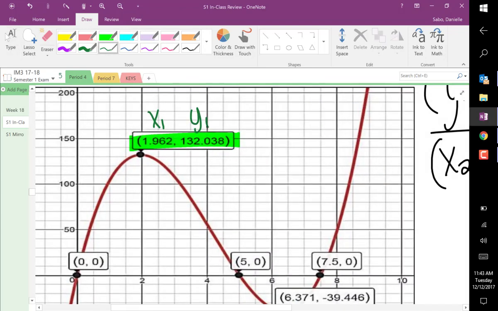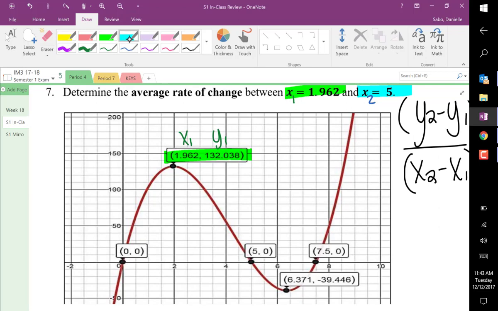Thank you, 132. They're an ordered pair, they go together. Now on this next part, same thing. I'm going to highlight my 5. Well, that's my x2. What's my y2? Thank you, 0. You see how they go together? They're a pair.